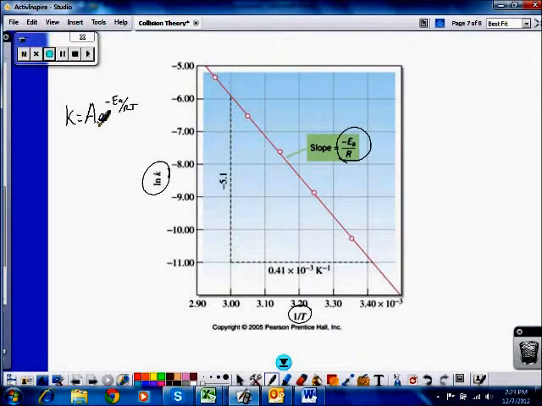So if I'm looking at this graph, I can see that I have a straight line. If we remember, for an equation with a straight line, y equals mx plus b.